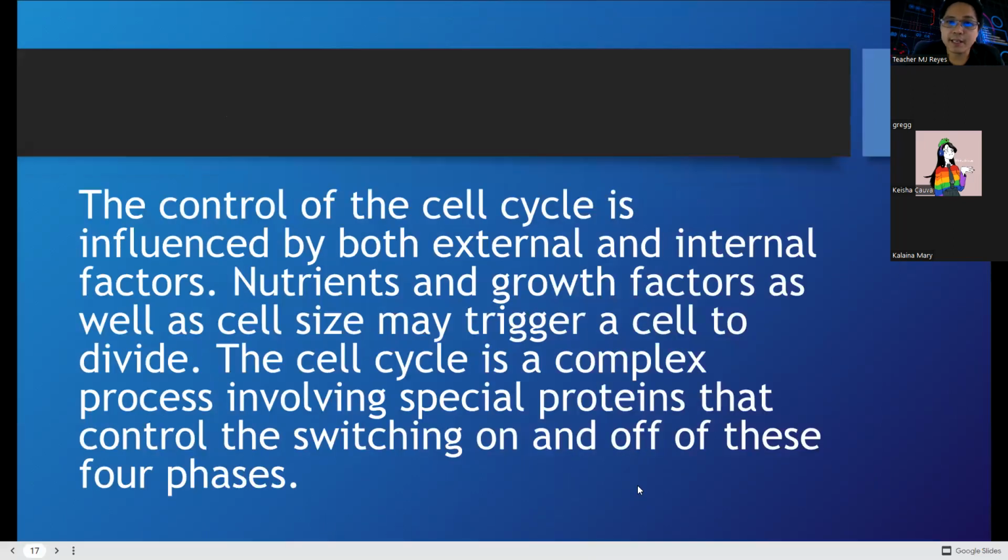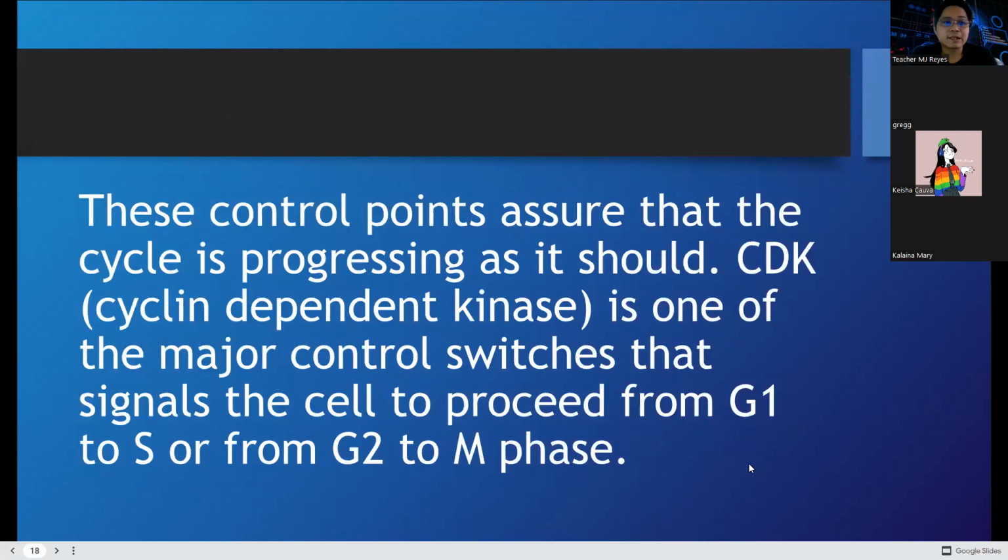The control of the cell cycle is influenced by both external and internal factors. Nutrients and growth factors, as well as cell size, may trigger a cell to divide. The cell cycle is a complex process involving special proteins that control the switching on and off of these 4 phases. These control points assure that the cycle is progressing as it should.